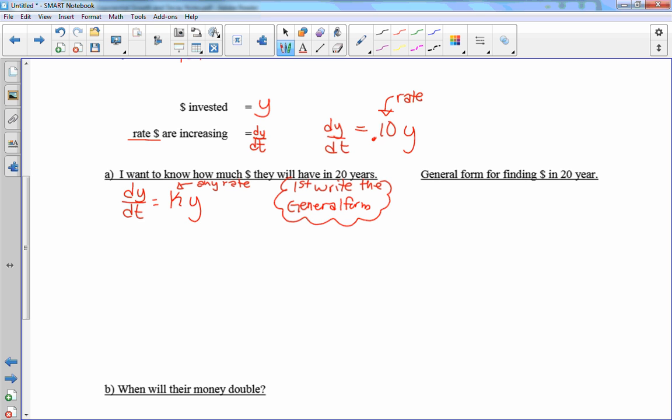So I want to know how much money they will have in 20 years. And this is calculus class. What do you think we would do to find the amount of money they would have after 20 years? Okay, what are you trying to do?